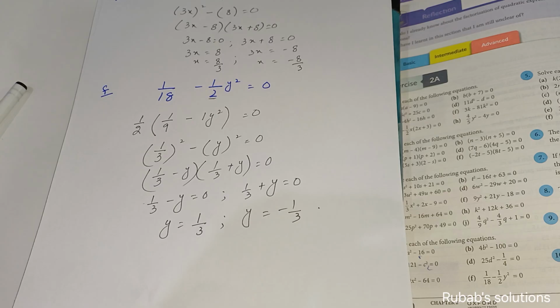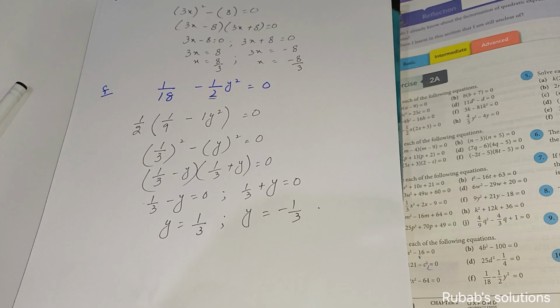Okay, 1 by 18 minus y square by 2. Now 18 is not a perfect square, we cannot take the square root of 18. So what we can do, we can take 1 by 2 common. When you take 1 by 2 common, we are left with 1 by 9 minus y square is equal to 0. Now this 1 by 2 shifts to the other side and we get 0, and 1 by 9 can be written as (1 by 3) square minus y square is equal to 0.